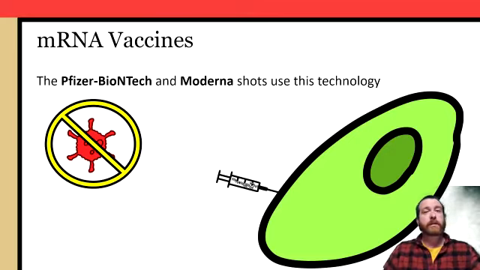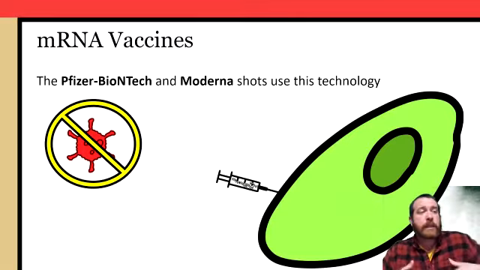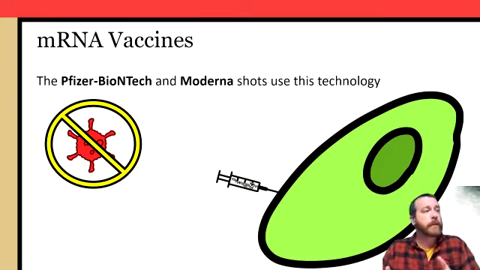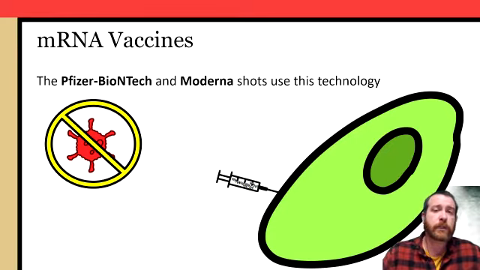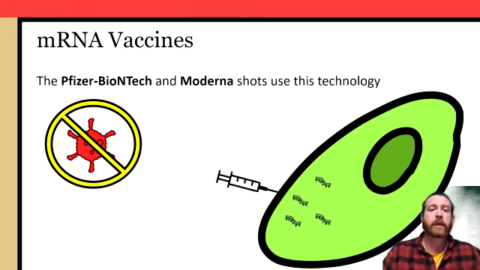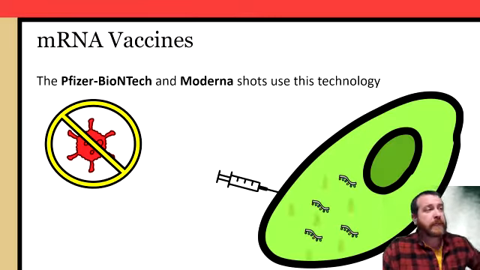Let's make this protein. Almost like a pathogen would, right? If the coronavirus attaches to a cell, it inserts RNA, but it inserts RNA with the instructions to make the entire virus. The Pfizer, BioNTech and Moderna shots only insert the instructions to make that spike protein. And that's a big difference.